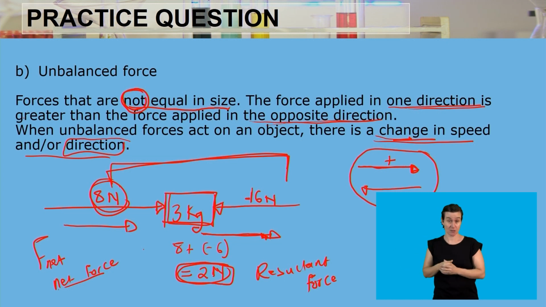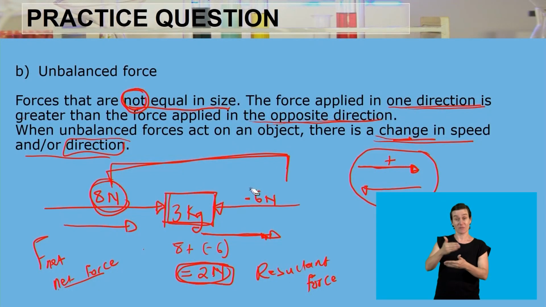In this case, because the bigger force would be 16, it then would mean that this 3 kg block will be going to the left because the direction of the object will depend always on the greater force that is being applied onto it. In this case, it would be the 16. But in the original case, it was 8 because the 8 was the bigger force.